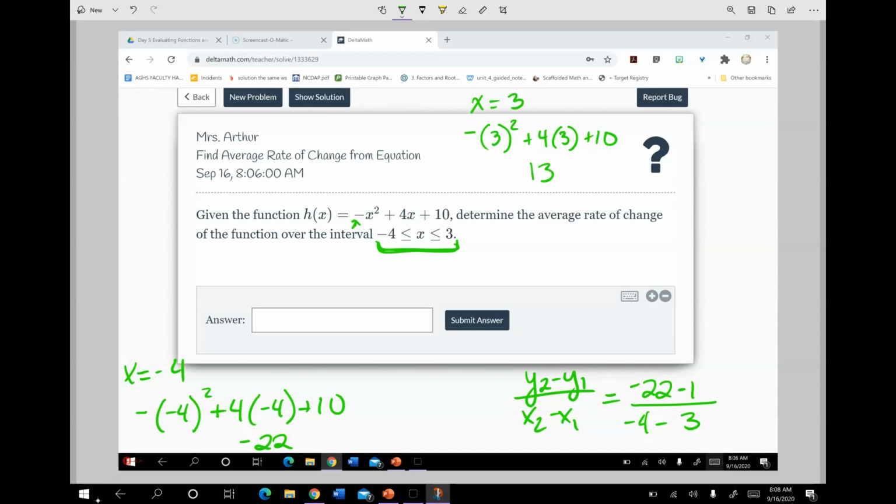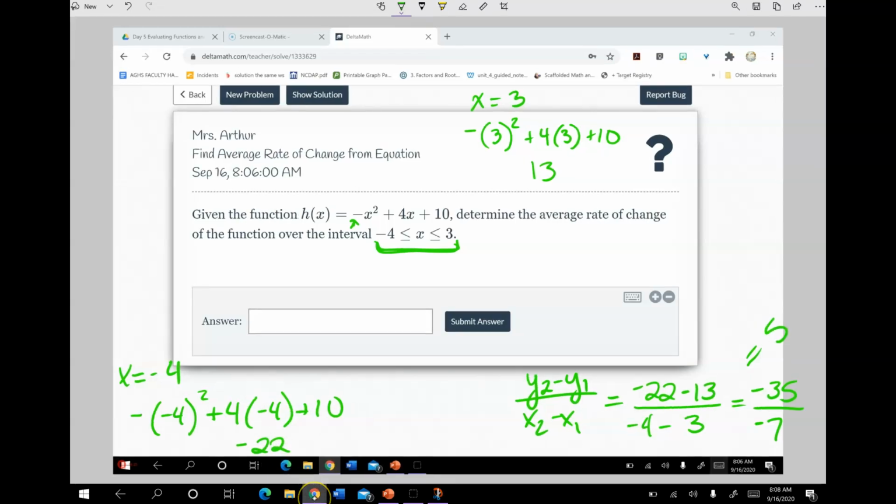So I come over here and put minus 13. So I'm going to say negative 22 minus 13. And I get negative 35. And then I'm going to say negative 4 minus 3. And I get negative 7. Well, negative 35 divided by negative 7, that is 5. Okay? So my average rate of change here is 5.